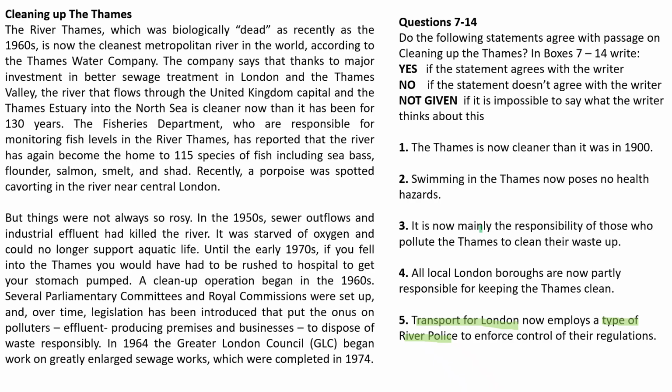That means they make people follow the law. So is it true or not? Is it true that Transport for London employs people, and is it true that they enforce control of the regulations? Both things need to be investigated here. I see in these two sentences we don't have anything. So let's move to the next slide.